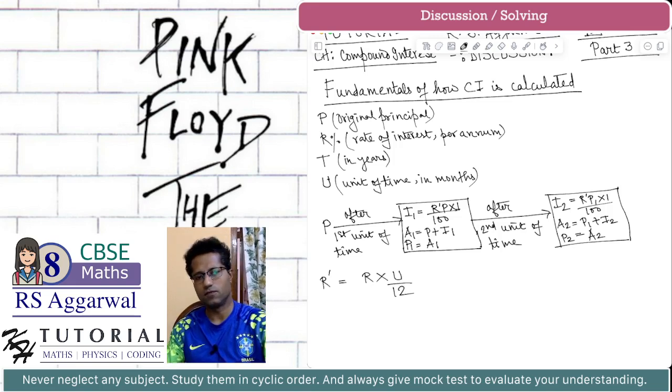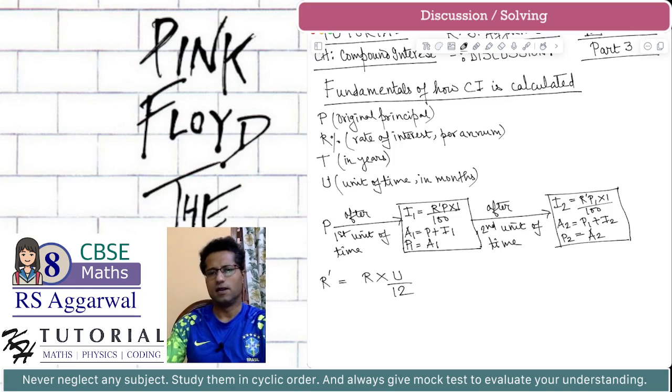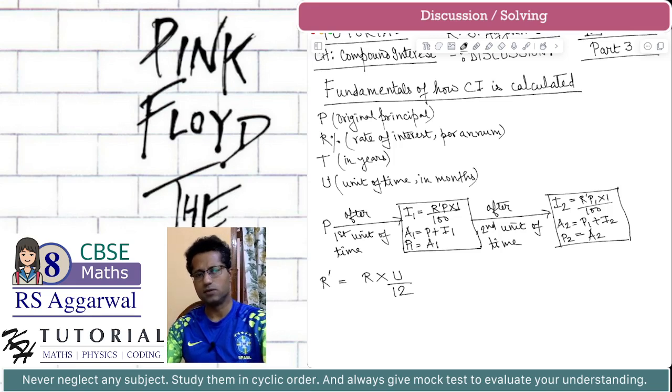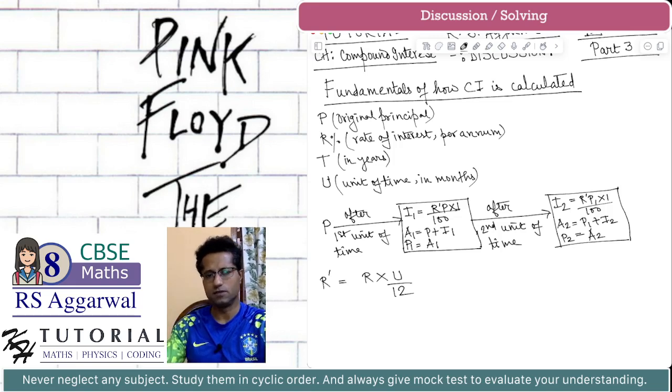Remember, in the calculation of the interest, as you can see in the flowchart diagram, I am using R dash, not R. R dash will depend on the actual rate of interest per annum given in the problem, and U. U is the unit of time, which is normally given in months. How this unit of time is given, I will discuss shortly. So assume that U is the unit of time given in months. So R dash will be R multiplied by U by 12.